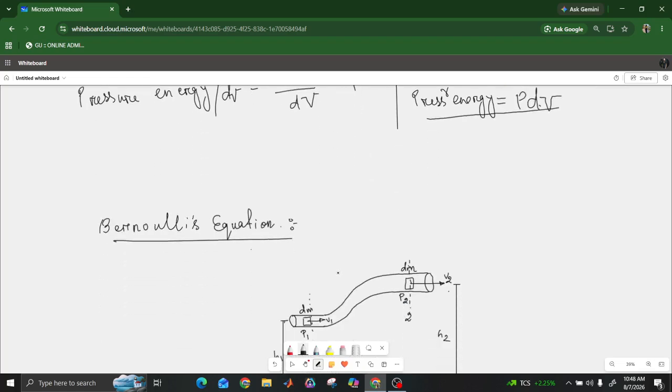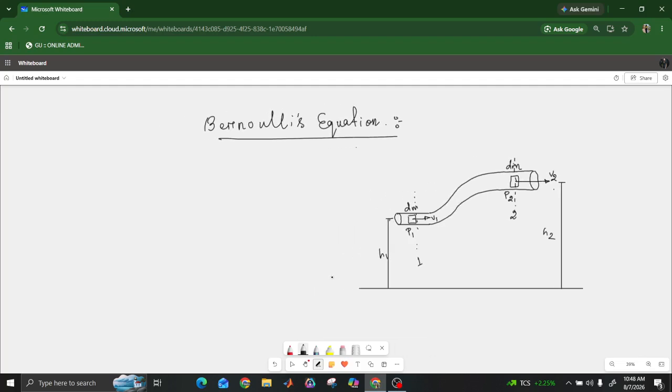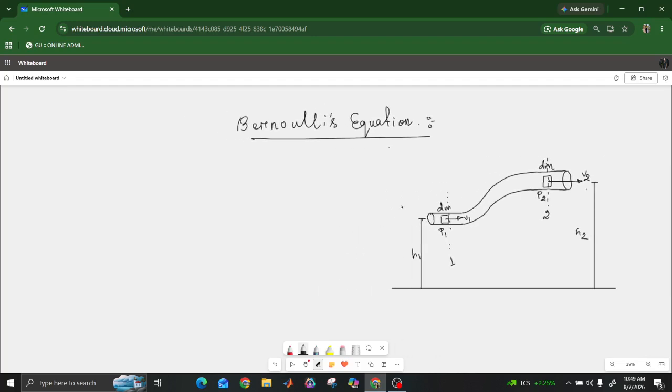So now we go to our Bernoulli's equation, right? Here again we have considered a fluid element. Suppose this is a pipe and this is a small mass which is going like this. This area is less, this area is more.